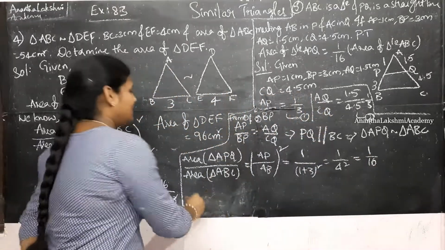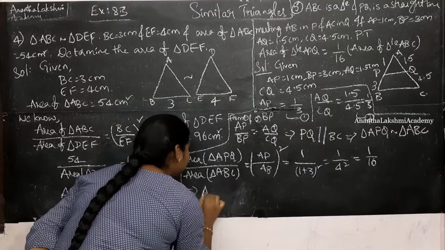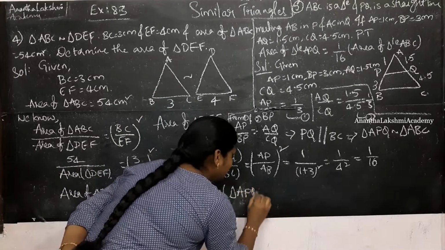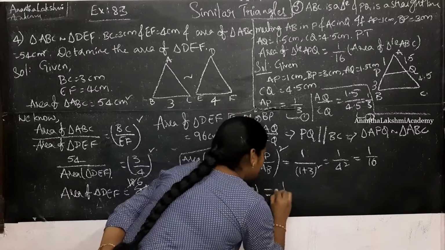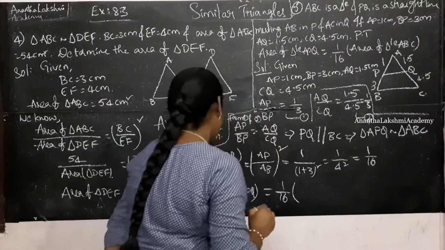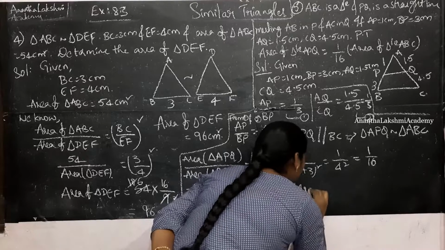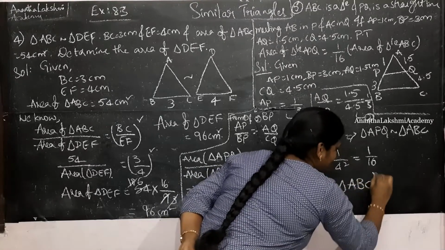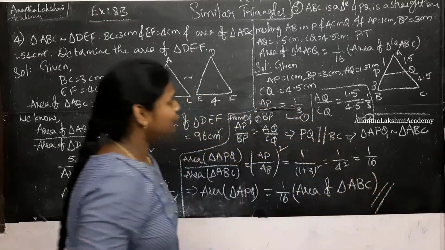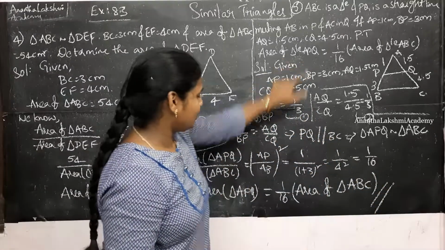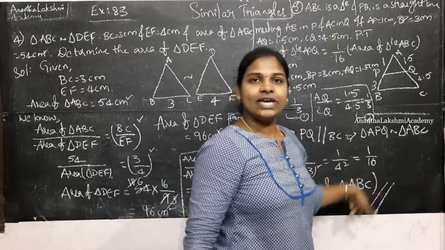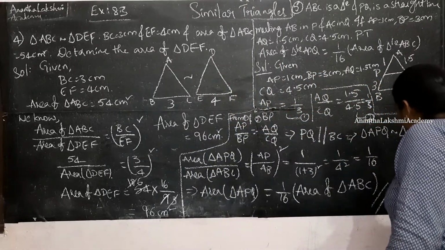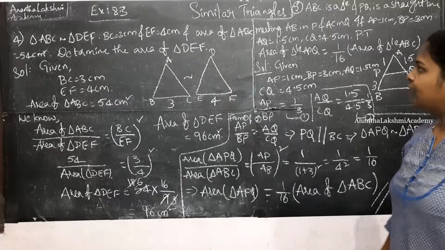From here, I am going to write area of triangle APQ is equal to 1 by 16 times area of triangle ABC. Check if this is what we need to prove. Area of triangle APQ is equal to 1 by 16 times area of triangle ABC. Hence, proved.